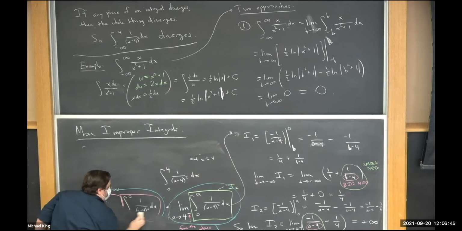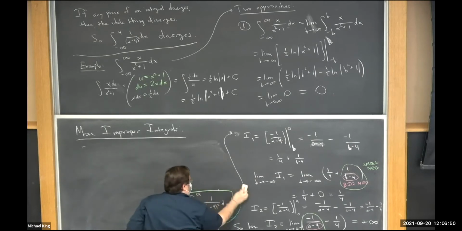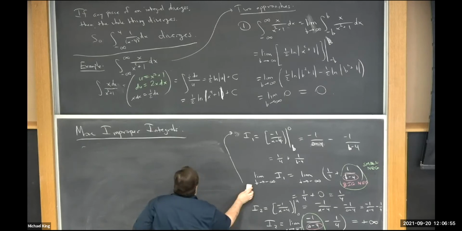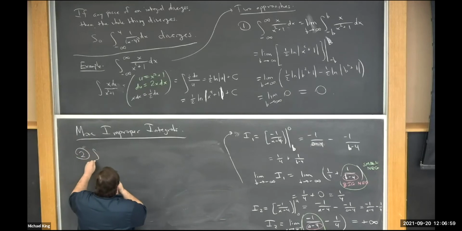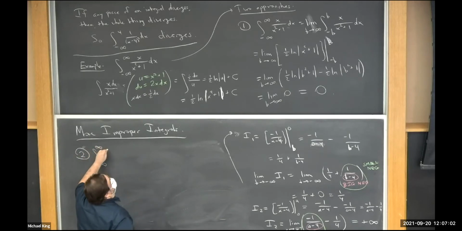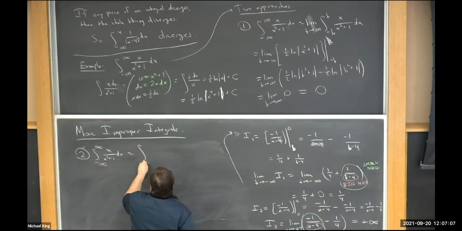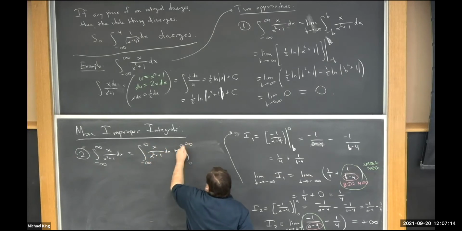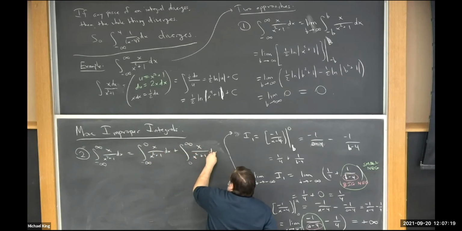And so maybe we should break it up and do two separate improper integrals. Let's rewrite this as the integral from negative infinity to 0 plus the integral from 0 to infinity. Again, 0 is arbitrary. You could have chosen 5 if we wanted to.